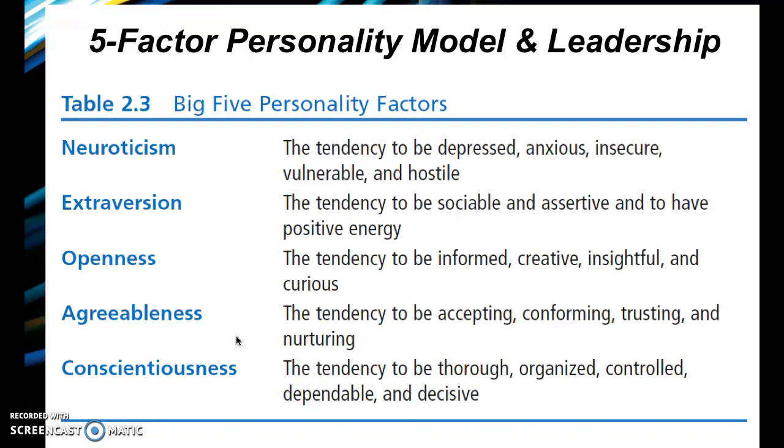And what this did was it took a lot of various characteristics and it grouped them together in 5 groups. Neuroticism, extroversion, openness, agreeableness, conscientiousness. And then it studied various contexts and followers and leaders to see when traits were most effective or what traits were most true of leaders.